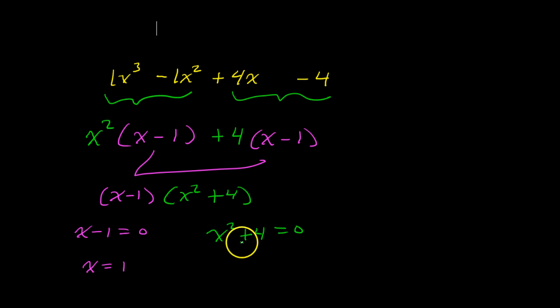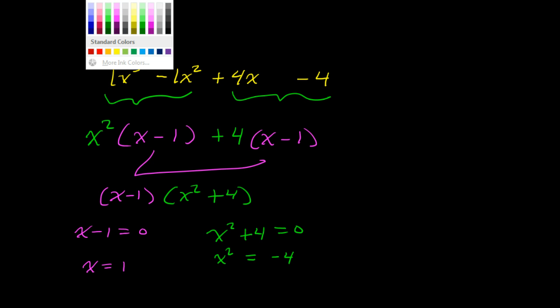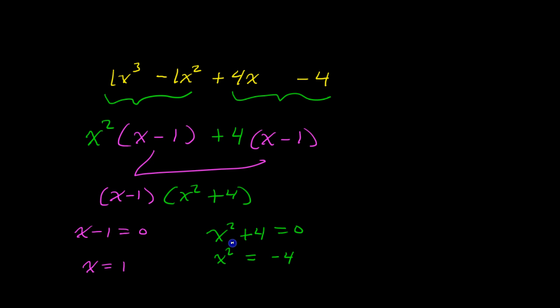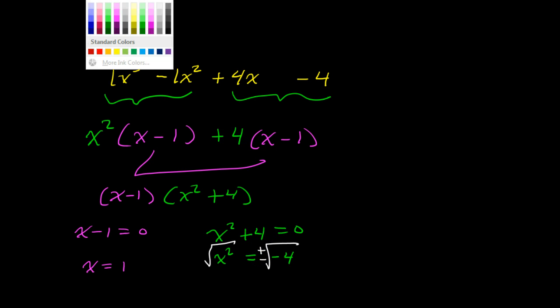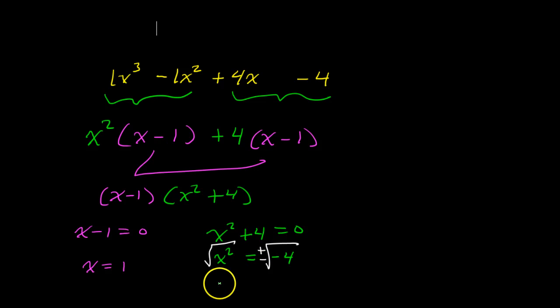This cannot be factored, so I'm just going to have to subtract 4 from both sides and get x squared is equal to negative 4. Now I'm taking the square root of both sides. Alright, don't forget your plus minus. So that's going to give me x is equal to plus or minus.